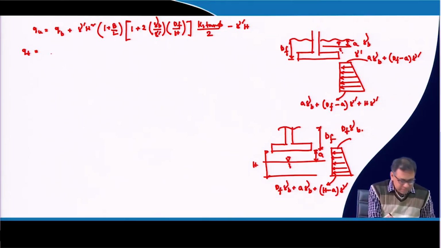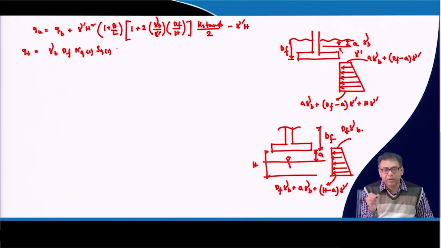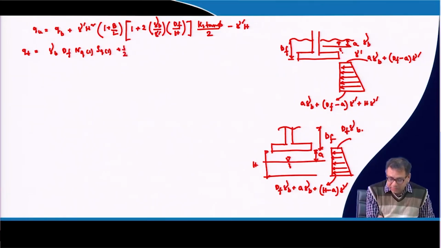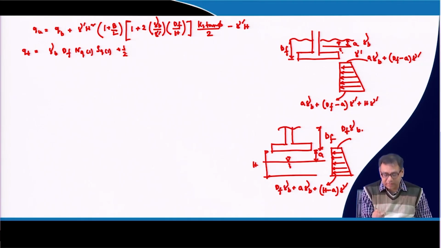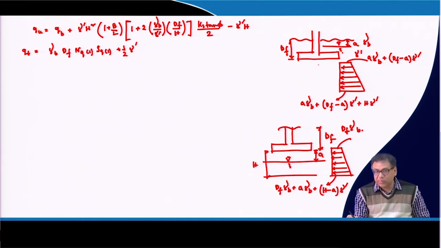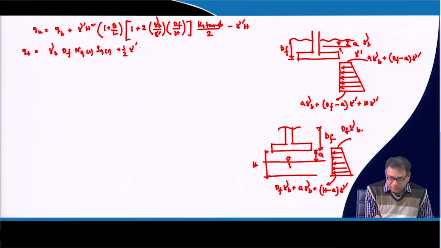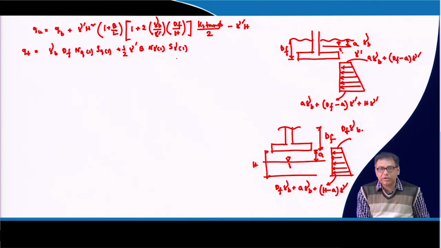So, this will be gamma bulk into df into nq 1 sq 1, because it is a rectangular footing, plus half gamma sub, because your water table below the base of the foundation is submerged, B n gamma 1 s gamma 1, and remember again that this equation will be different if the position of the water table is different.